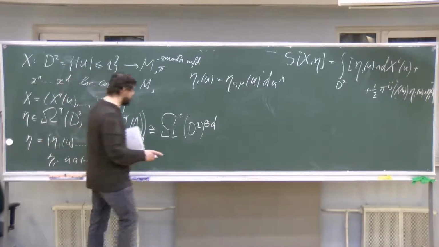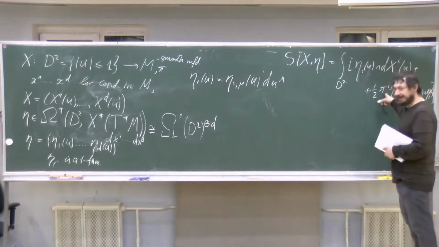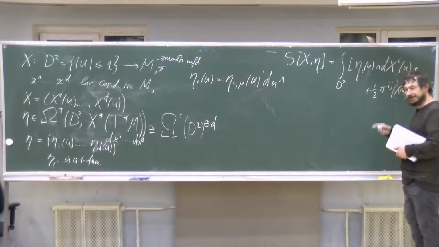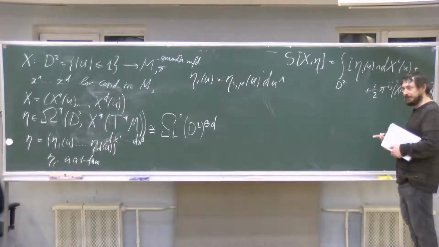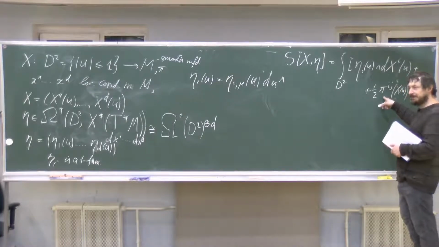So again, you see, the pi ij's are coefficients of a bivector field. The way they transform when you change coordinates in the target space M is in a covariant way, right?